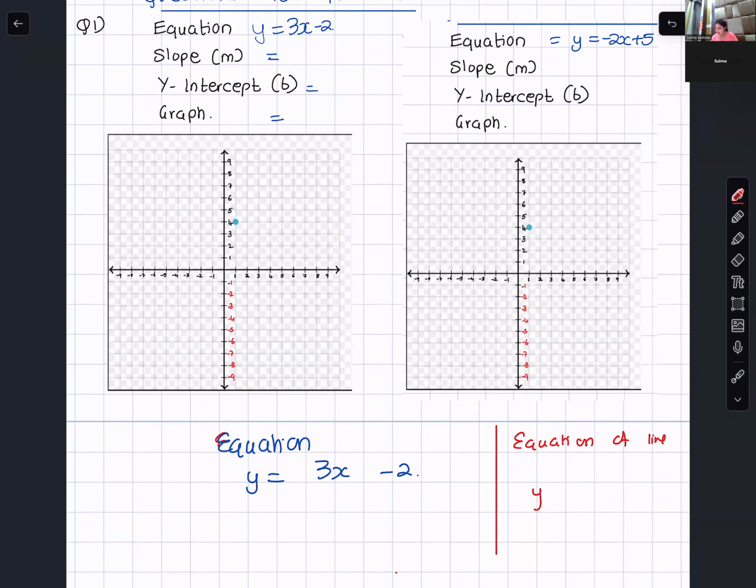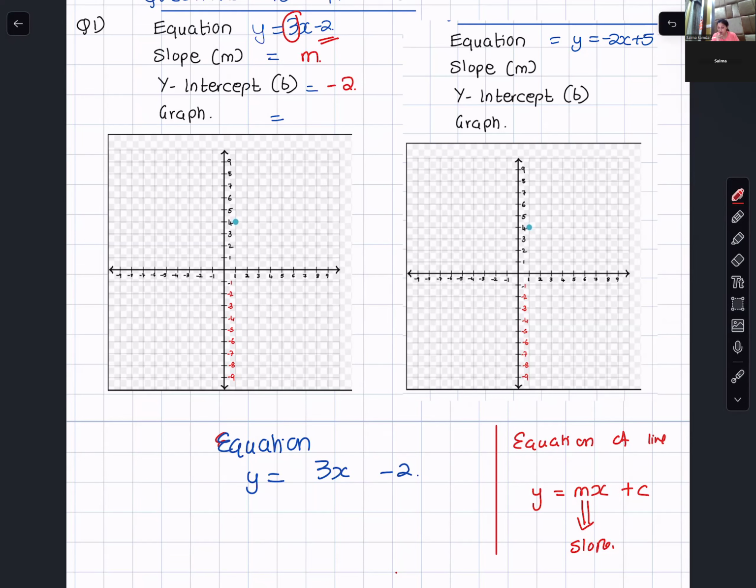It is y is equal to mx plus c, where m is the slope of the line. What is the y-intercept? This minus 2 will become the y-intercept.